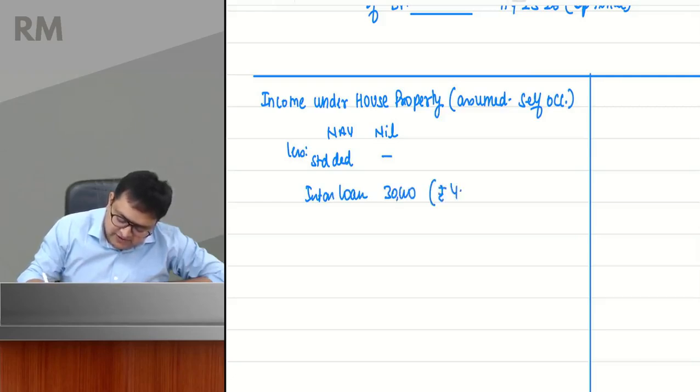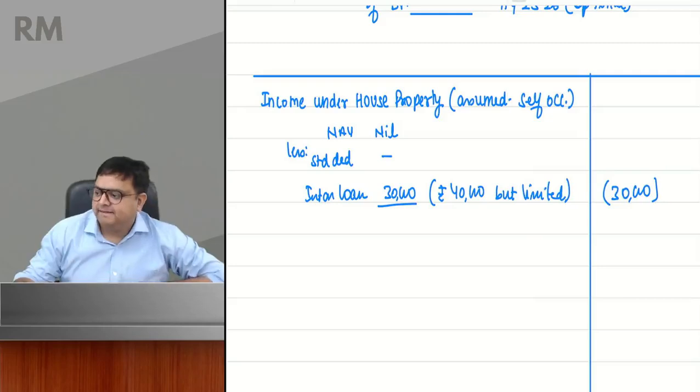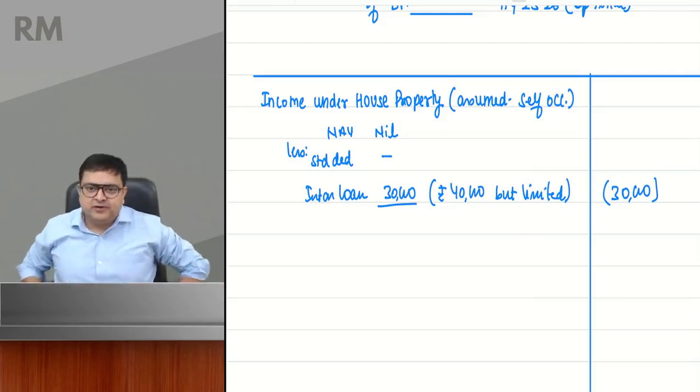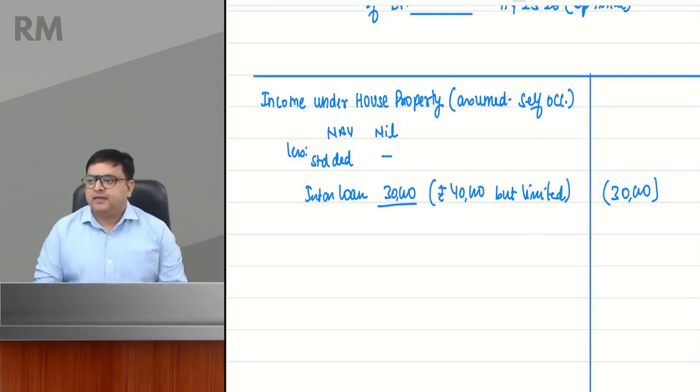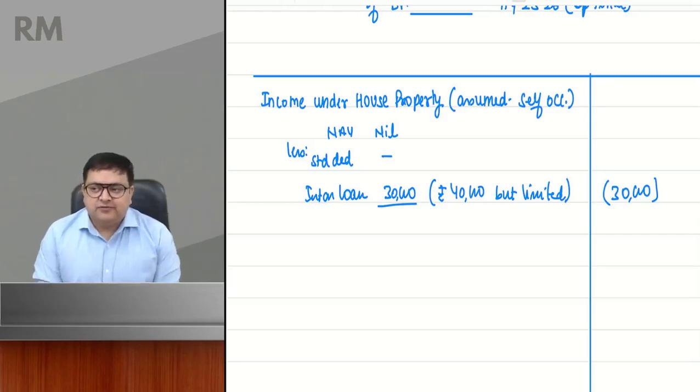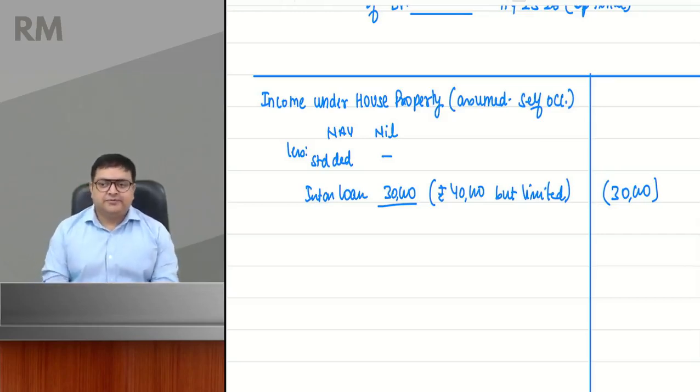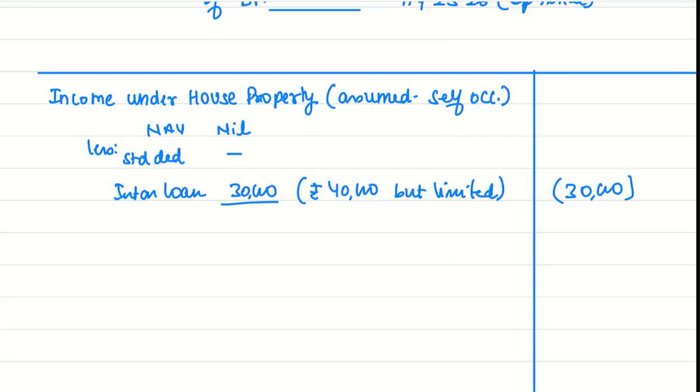Because we understand 40,000 is the interest on loan, but limited to 30,000. 30,000 is the house property loss. My question to you is whether this house property loss can be set off from other heads of income or not.